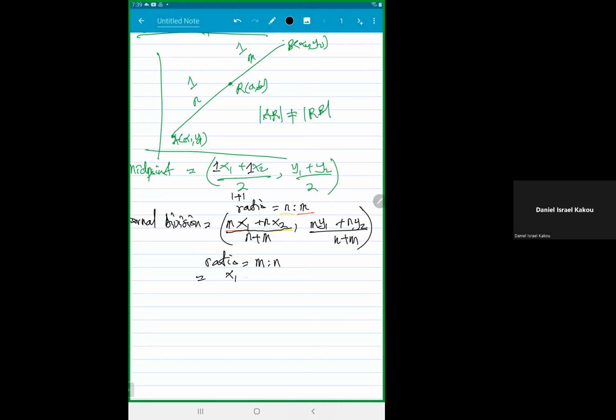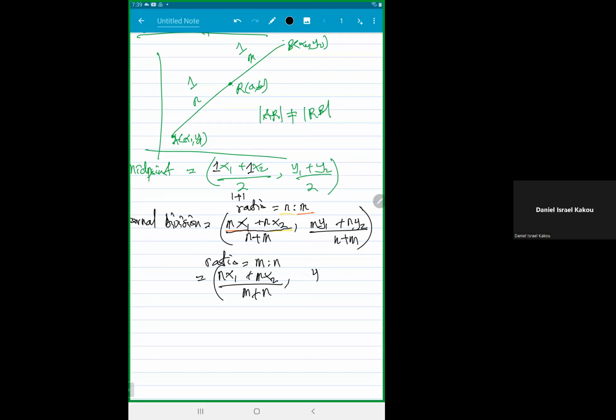So if it is x1 and x2, now the second value of the ratio is n this time, so that should multiply the first coordinate. And the first value of the ratio is this time m, and it multiplies the second coordinate this way, then m plus n follows. So you see the differences.